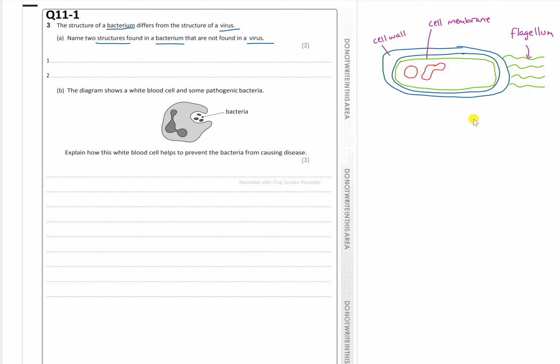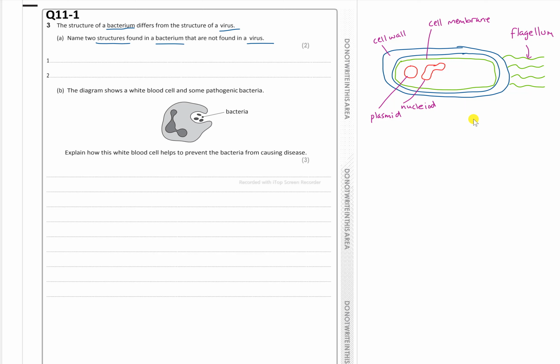Right, you've got plasmid. You've got nucleoid, or they call it a circular chromosome.